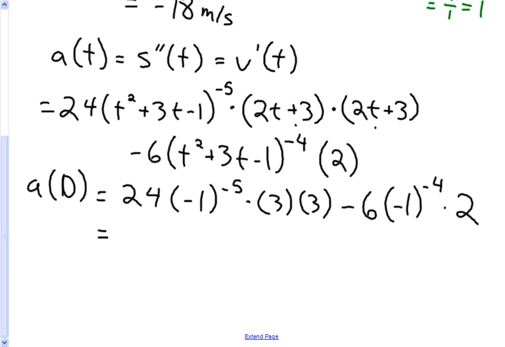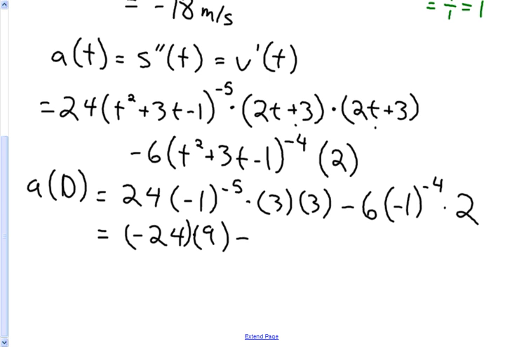Negative 1 to the negative 5, well, based on our discussion earlier, that's going to work out to be negative 1. So I'm going to have negative 24, basically, times 3 times 3 is 9, minus, once again, negative 1 to the negative 4 is just positive 1.